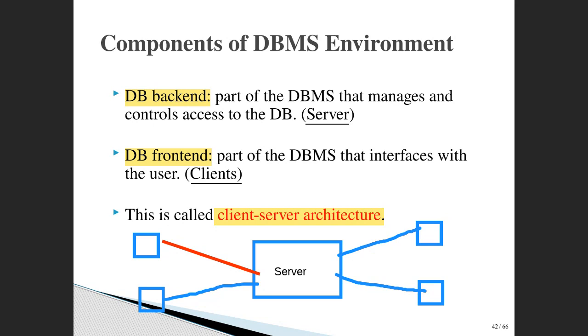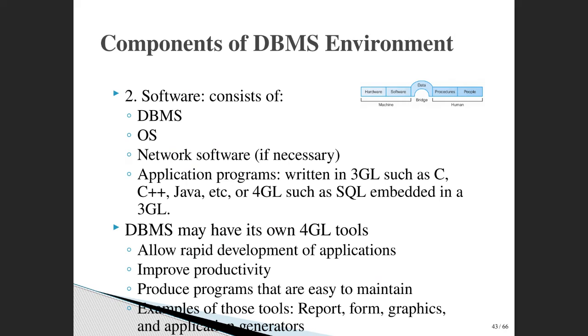All right, so this is the hardware. Now the software, as we mentioned, can be the database management system itself, and the operating system. Some database management systems require a specific operating system.